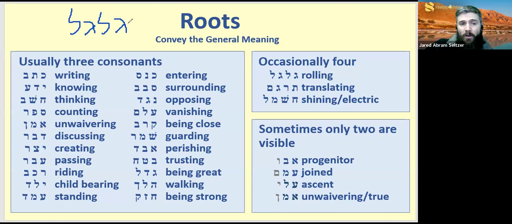Does anyone know the word Golgotha? Means skull. Why? Because it's that round rolly thing on the top of your body. It has to do with rolling. There's another word, Gilulim. What is it? I think it's Gilulim. I'm not sure if the vav and the yod are in the biblical text, but the point is, these are idols.